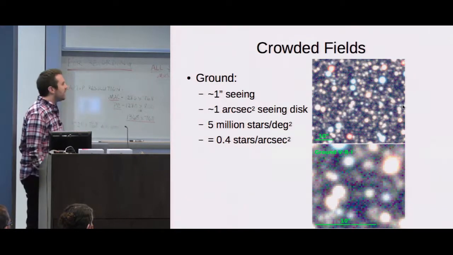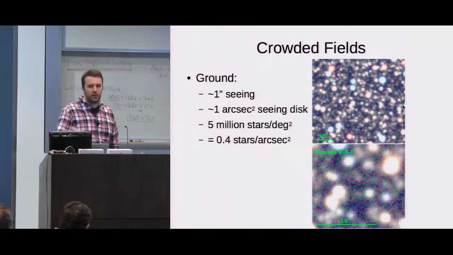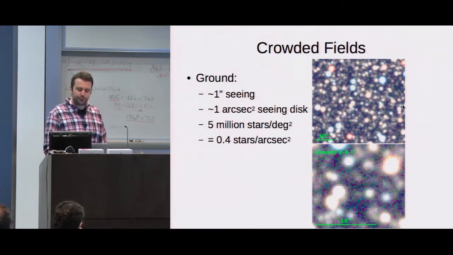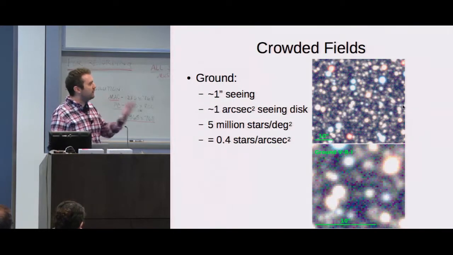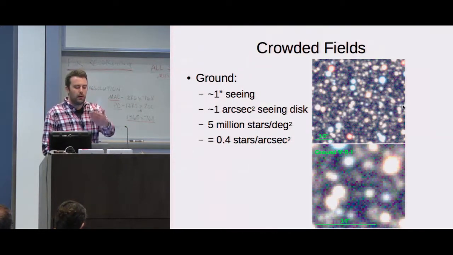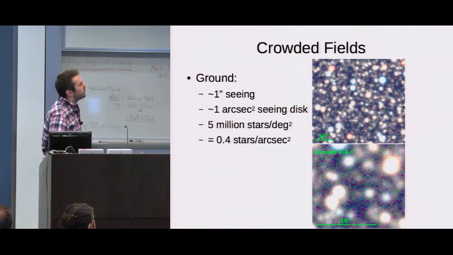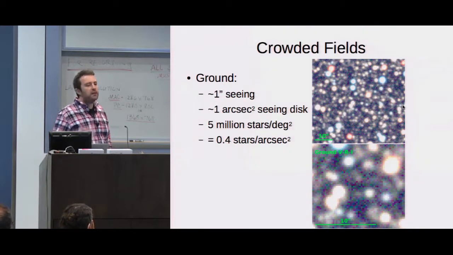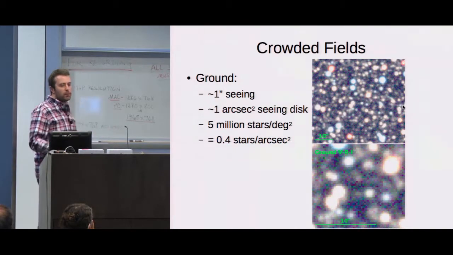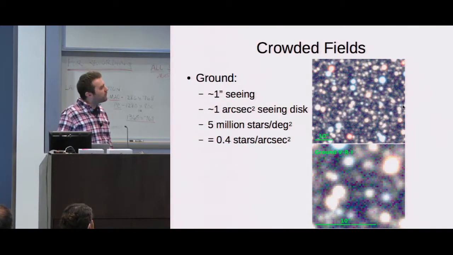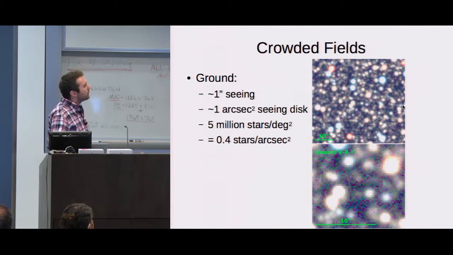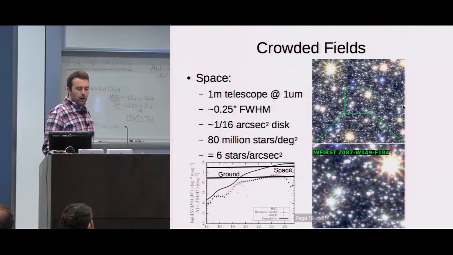Essentially every other seeing disk, you have a star that you can see, which means that anything fainter than the magnitude at which you get to this number of stars, you struggle to resolve. You can do photometry on variable objects that are fainter than this, but the quality of it is significantly reduced.